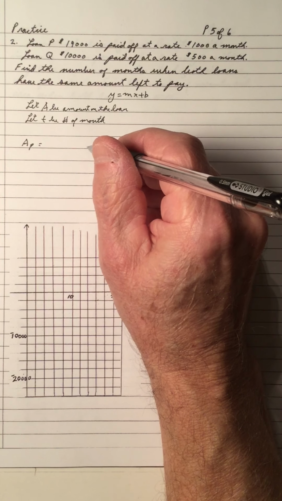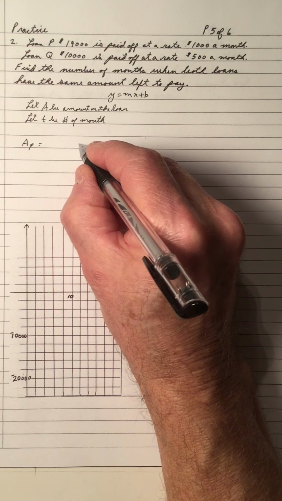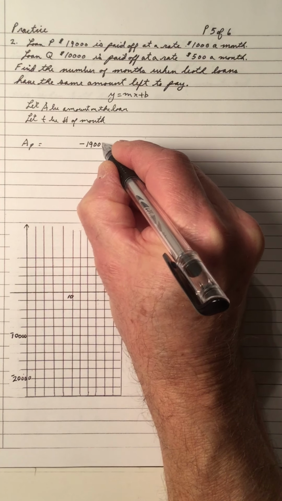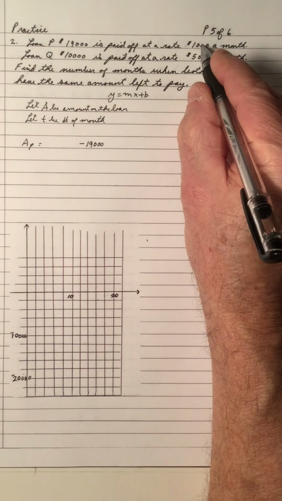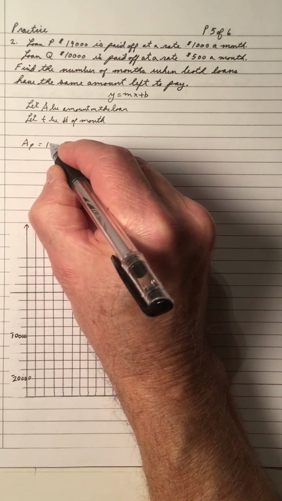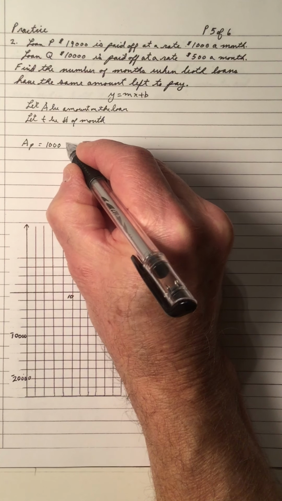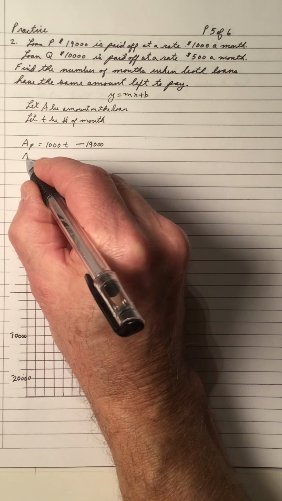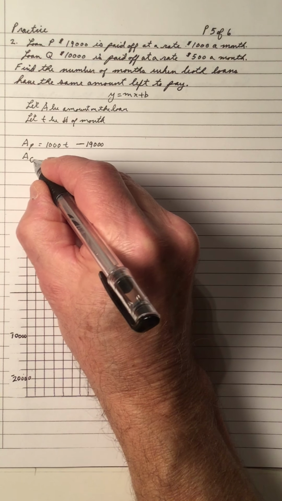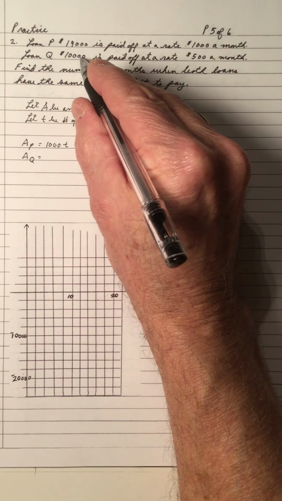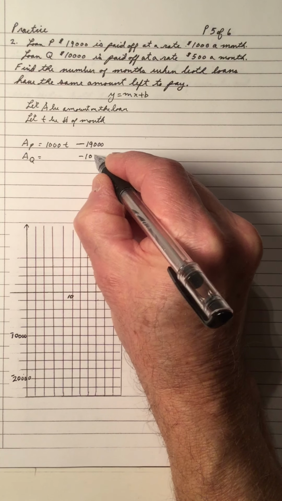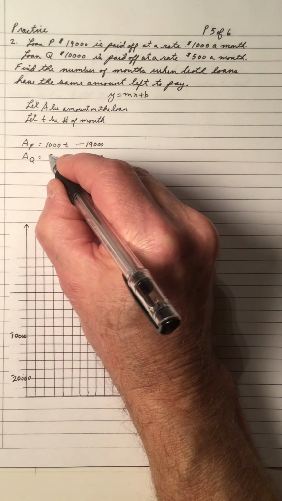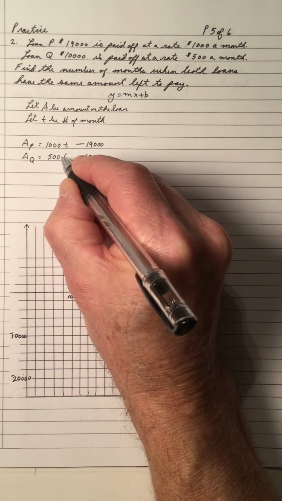Now, it's interesting how you work this, because if you have a loan, that means you're in the hole. And you're going to pay off $1,000 for every month. And the amount for loan Q is you've got $10,000 that you owe, that you have to pay back, so that's a minus because you're in the hole. And you're going to pay off $500 every month.